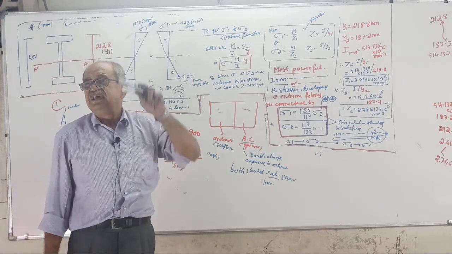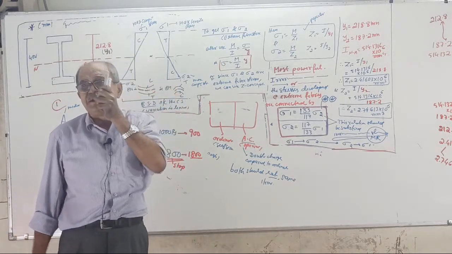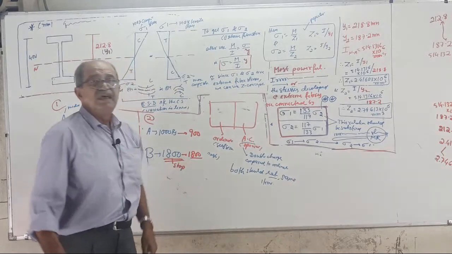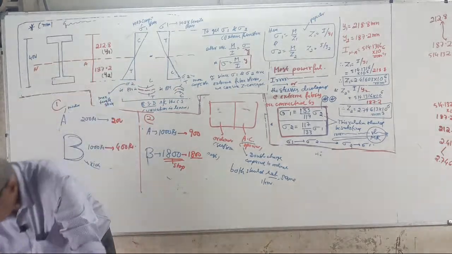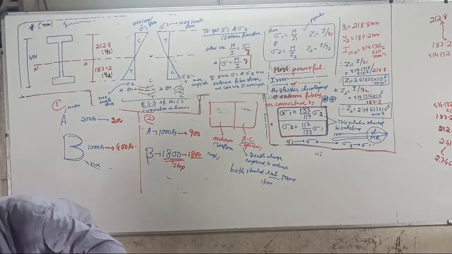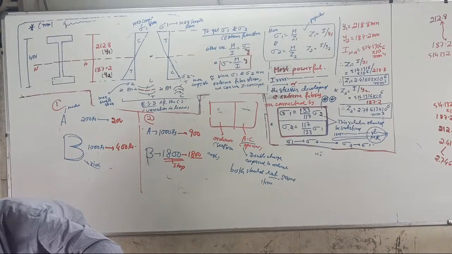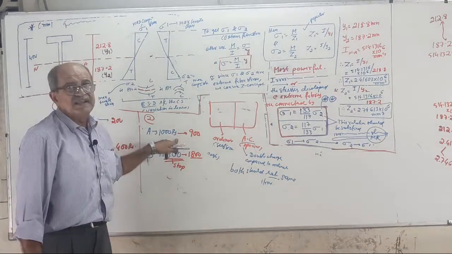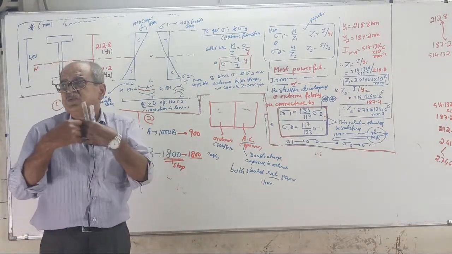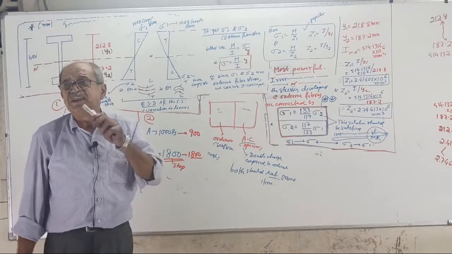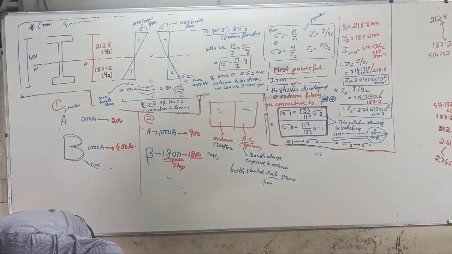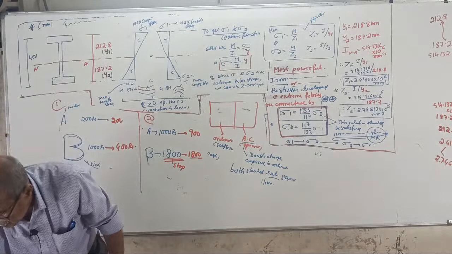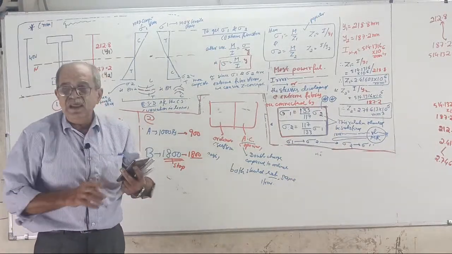In RCC, this is equivalent to what section? Tell me. In RCC, this is equivalent to what section? Where concrete cannot be fully stressed. Steel you can use fully, or steel is critical. It is equivalent to over-reinforced.